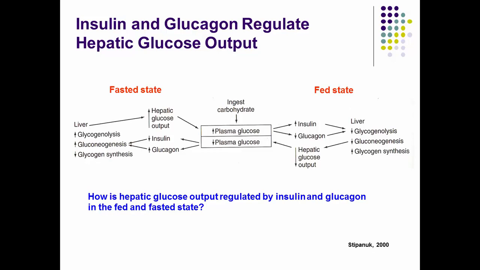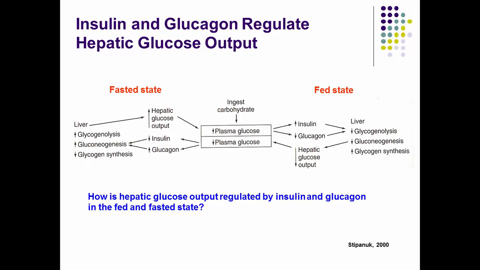So see how the insulin to glucagon ratio changes and how these changing hormones regulate the liver's glucose metabolism, like glycogen breakdown, glycogen synthesis, and gluconeogenesis, and how these hormones regulate the production and release of glucose from the liver, right, to maintain the circulating blood glucose level.